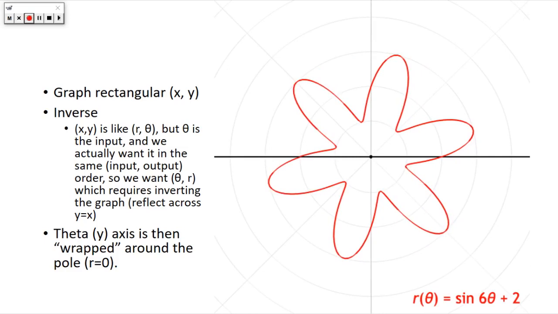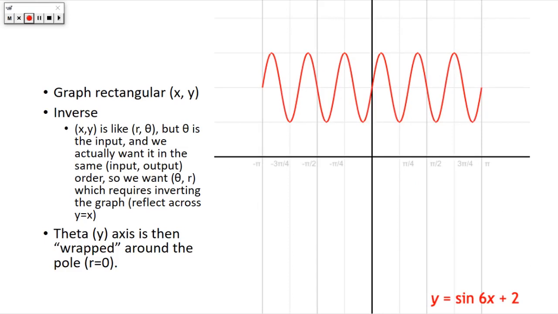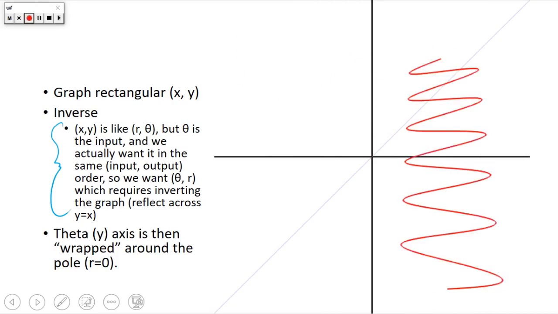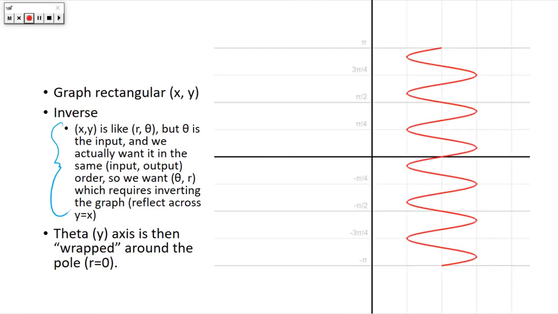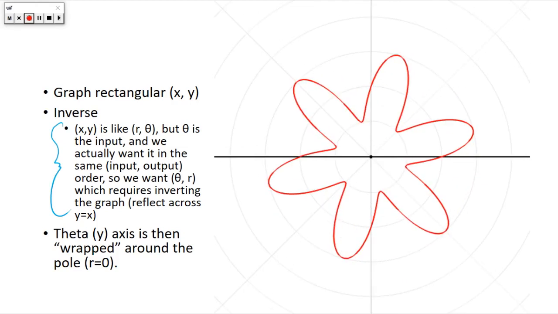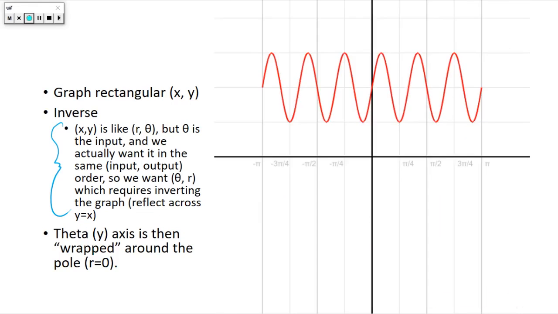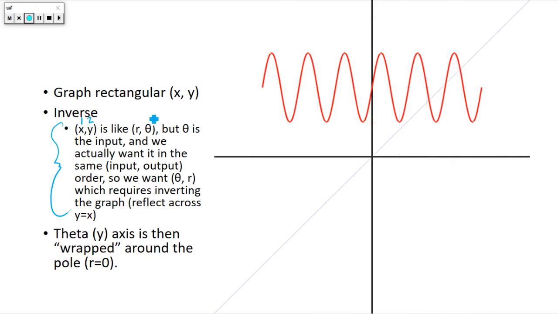And if you think about it, here's some explanation for that. When we have a standard rectangular equation, like a standard trig function, we have x and y, where x is the input and y is the output. When we have polar coordinates, we have theta as the input and r as the output. Notice the order. This is the first one, this is the second one.